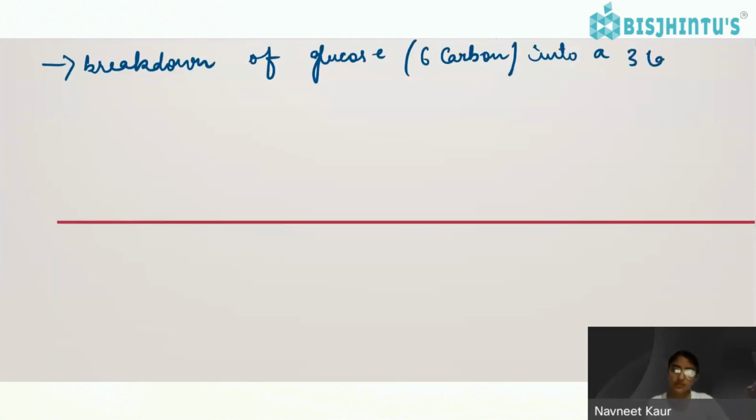Into a 3 carbon compound called pyruvate.